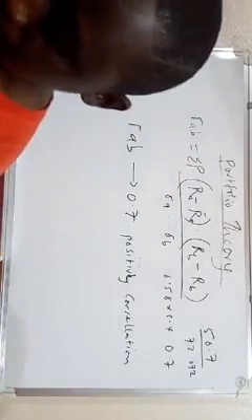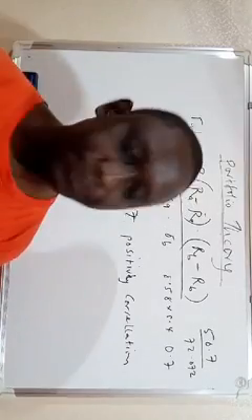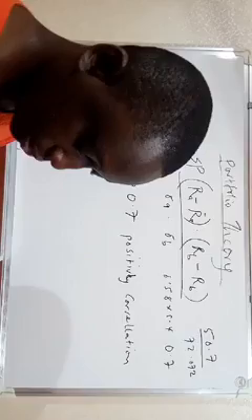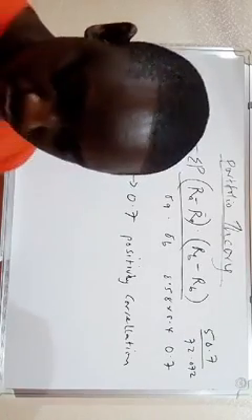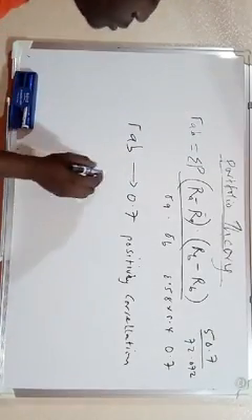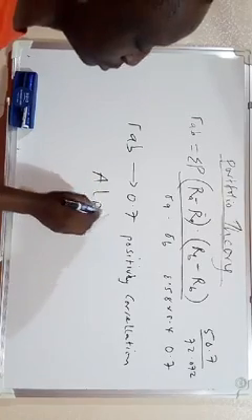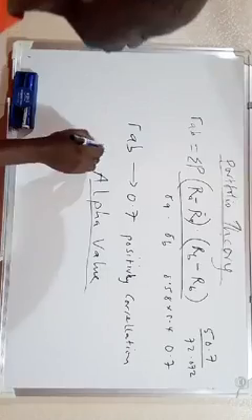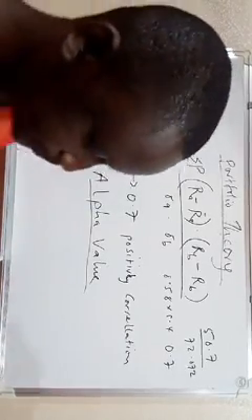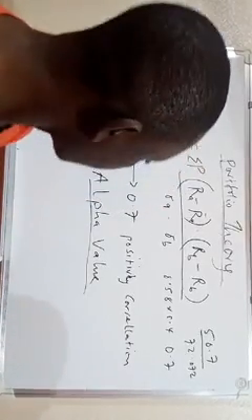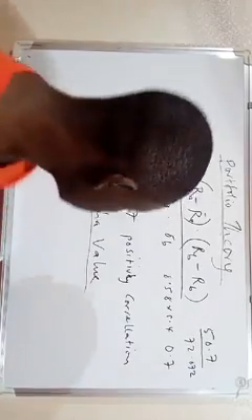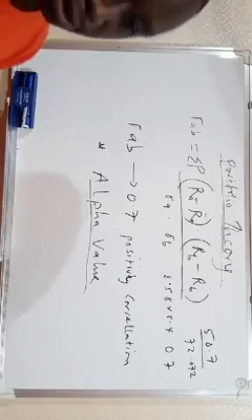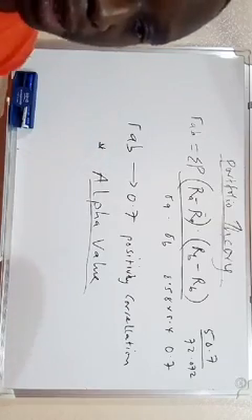We will solve that. But before we solve that, you will need to understand what we call, in a portfolio, the alpha value. What is alpha value? Alpha value is when we have securities that have abnormal returns.